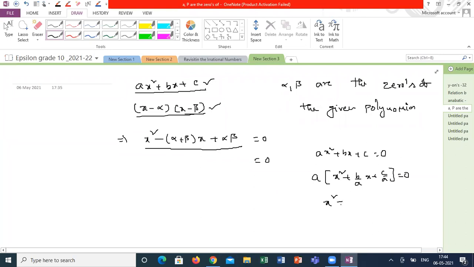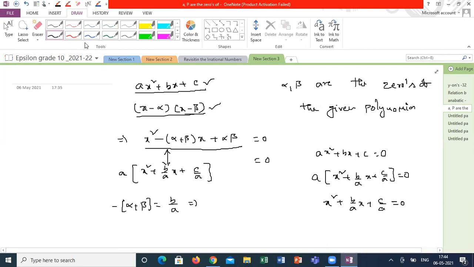If I compare these two expressions, minus of alpha plus beta is coming as b by a. From here, alpha plus beta is equal to minus b by a. Alpha into beta is equal to c by a.